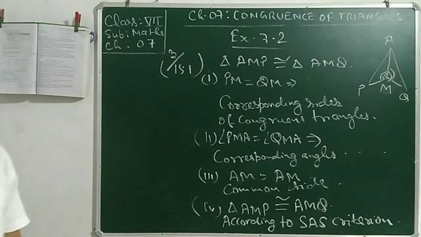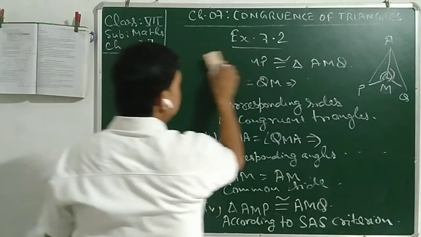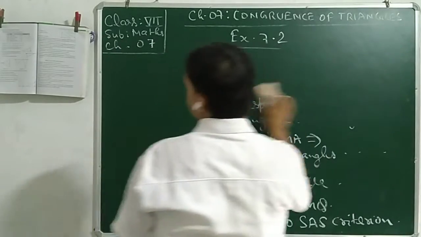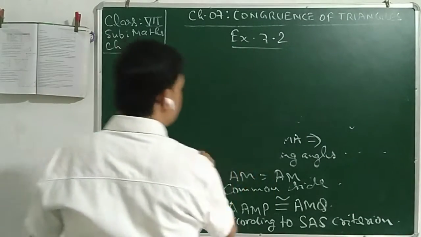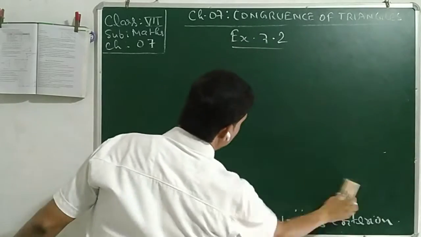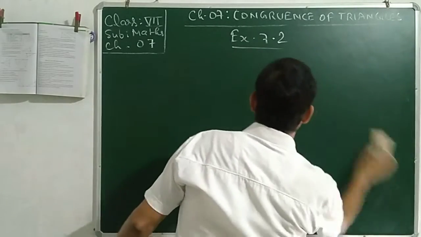Now move to the fourth sum. See, in sum number 4, triangle ABC and triangle PQR, two triangles are there.